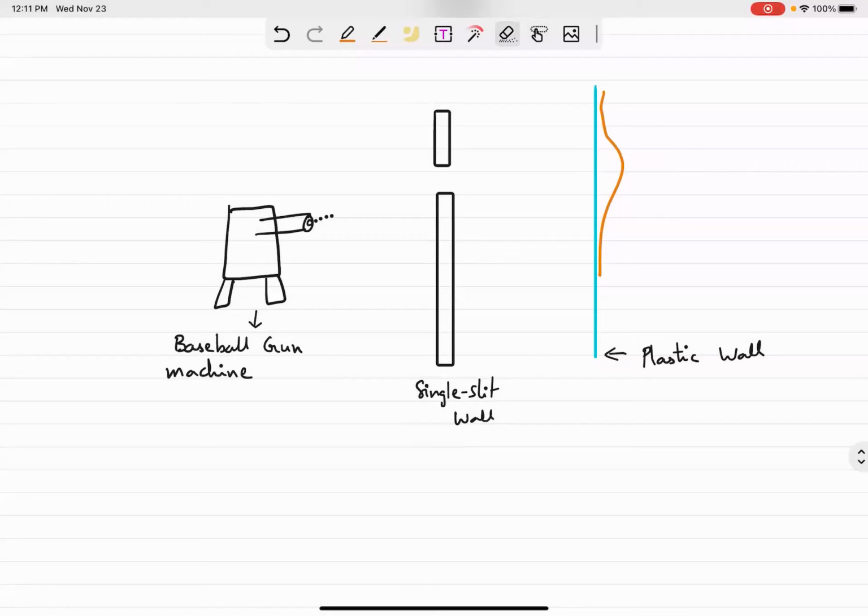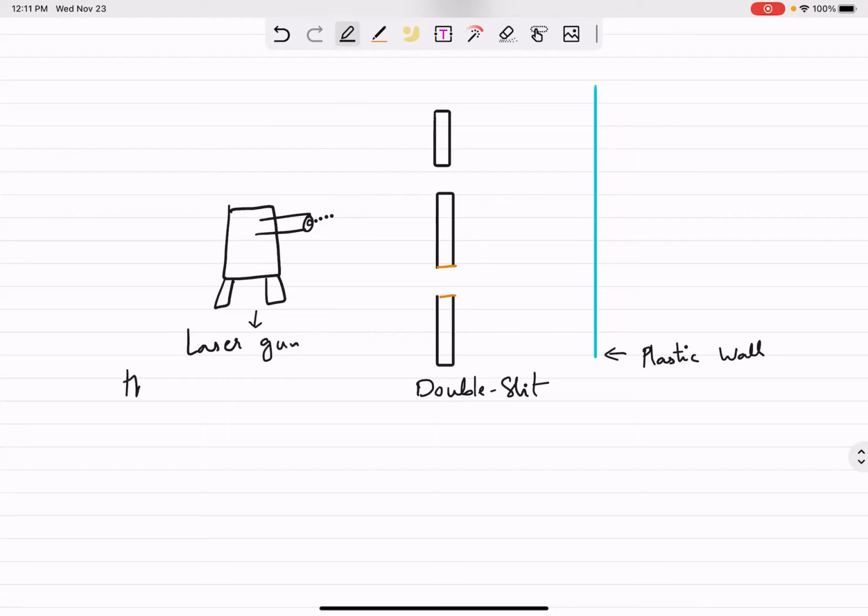Now, suppose I did something similar, but instead of a baseball gun, I have a laser gun that shoots photons. And let's say this is some kind of light sensitive surface.